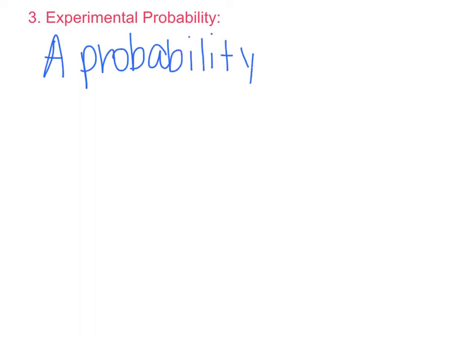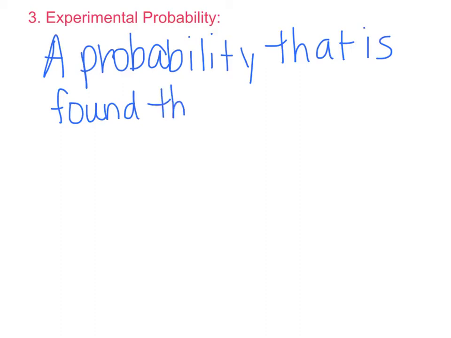Our next one is experimental probability. So this is a probability that is found through experimentation.